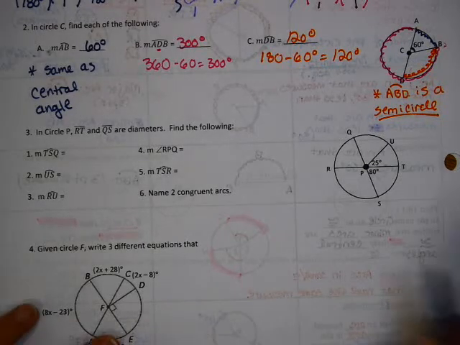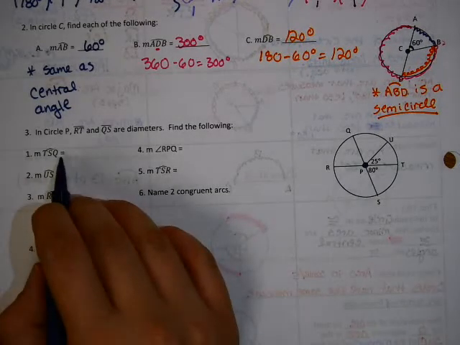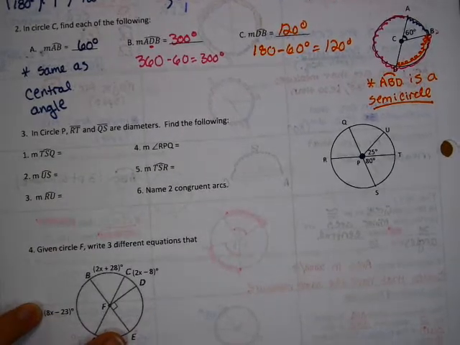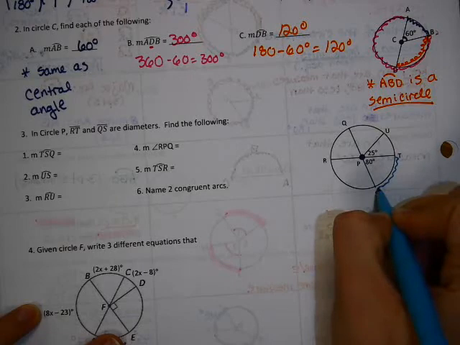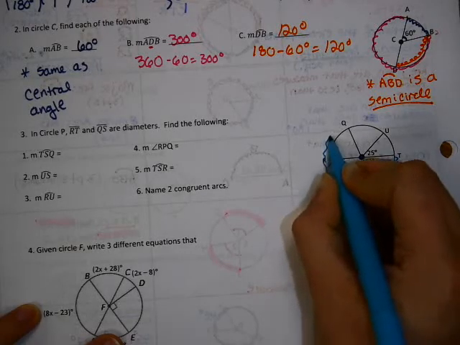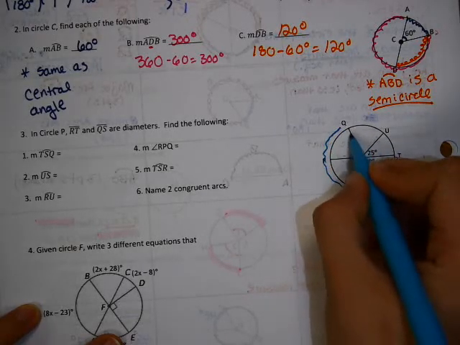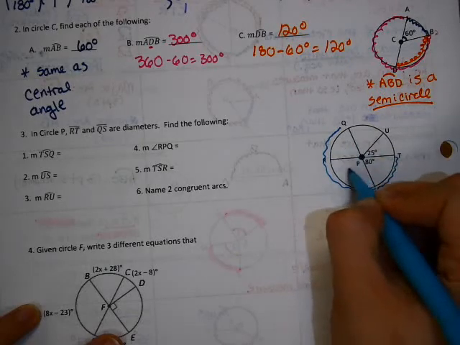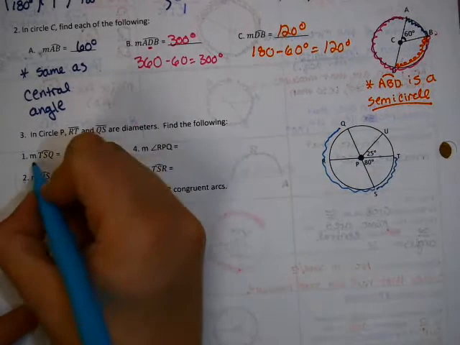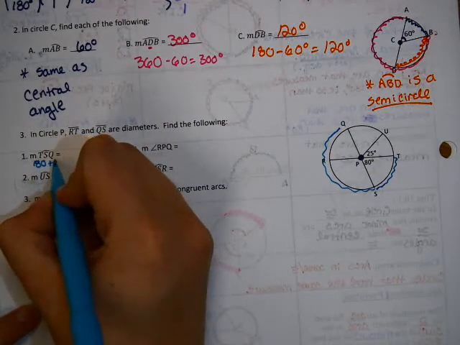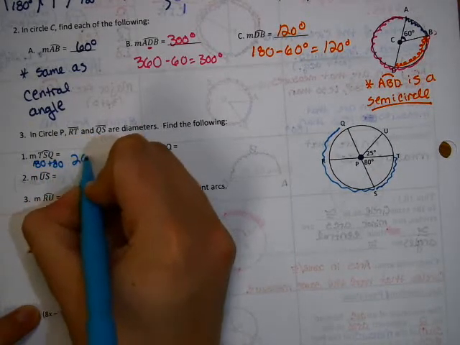So find TSQ as our first one. I start with T and go all the way to S, and then the next one would be Q, so that's my order. Here's a semicircle in this arc, and I'm going to add that to 80. So 180 plus 80 is 260.